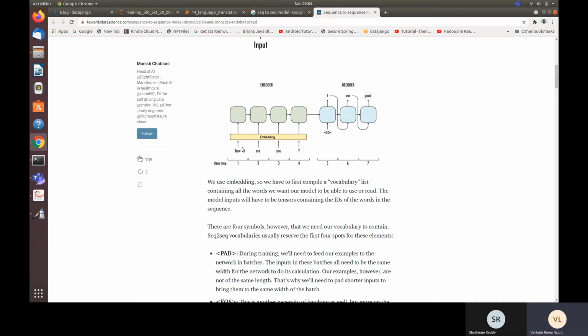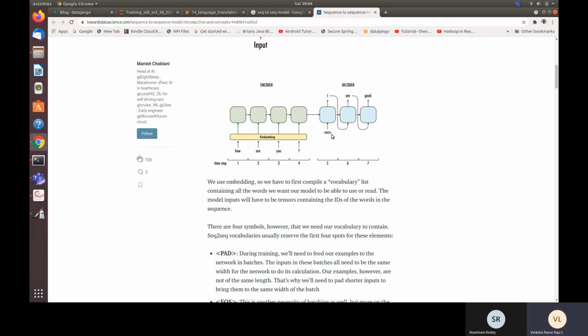You are passing first this vector for how into the first RNN cell, and the hidden state will be fed to the next one, like that. The last node's outcome is going to be passed to the decoder. Here we have some input, right?